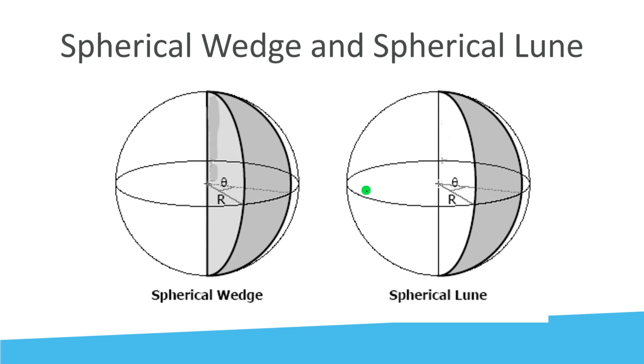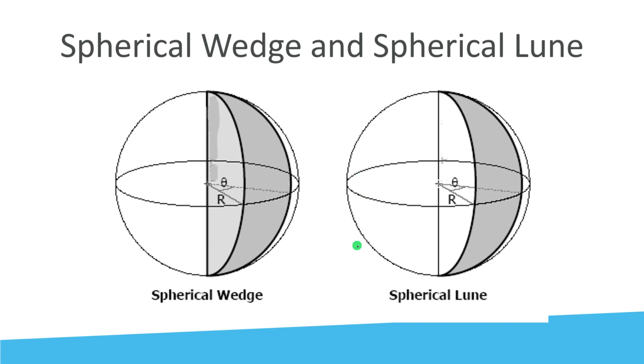I come now to the spherical wedge and spherical loon. A spherical wedge is a solid formed by revolving a semicircle about its diameter by less than 360 degrees, while the spherical loon is the curved surface of the wedge.